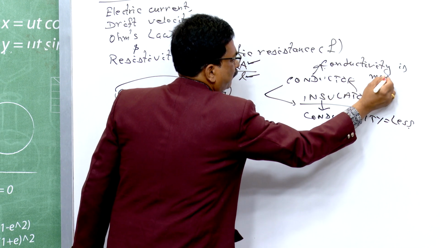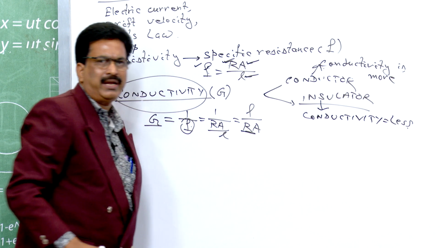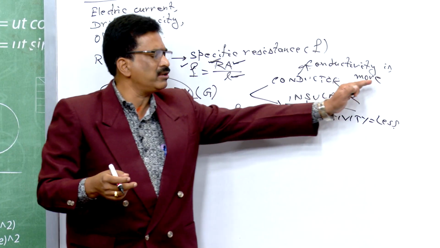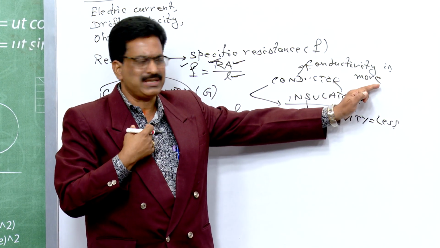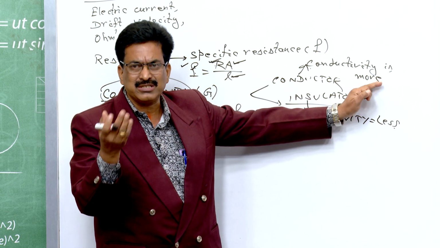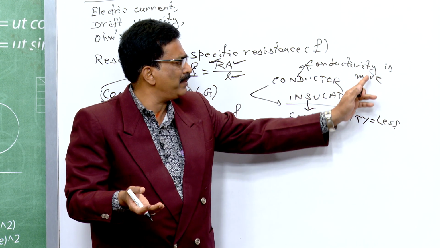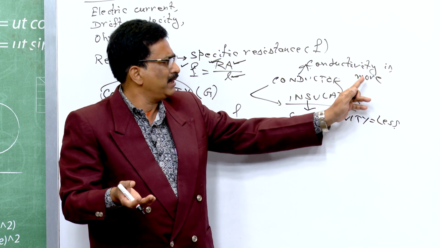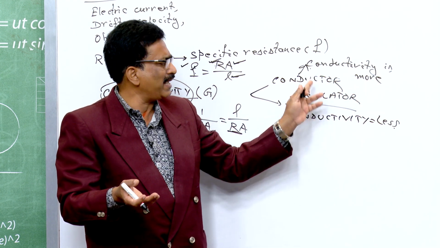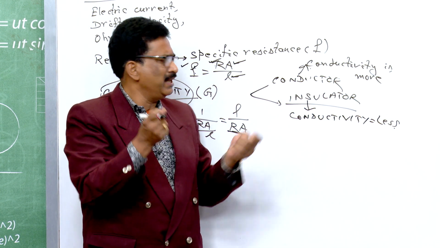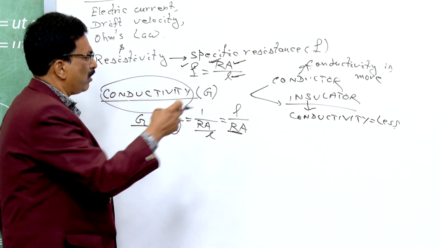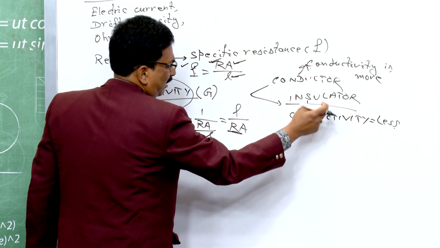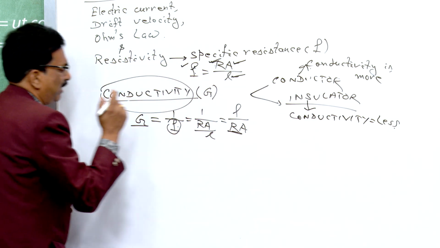More means it is greater. So if the conductivity is greater, then what will happen? It can conduct very easily. Therefore, more conductivity means it is a conductor, and less conductivity means it is an insulator.